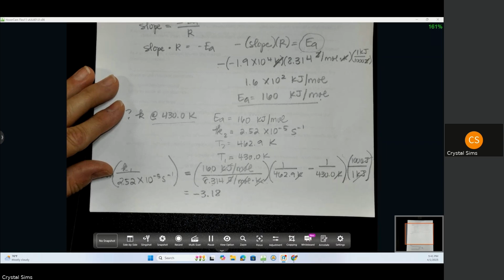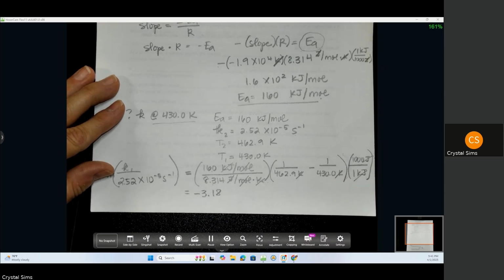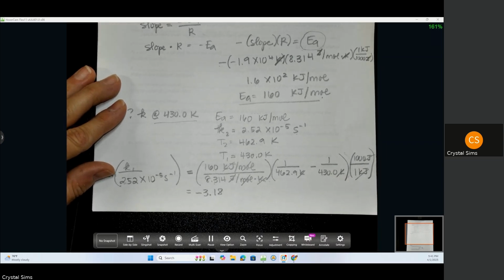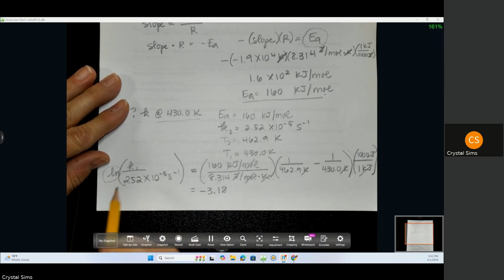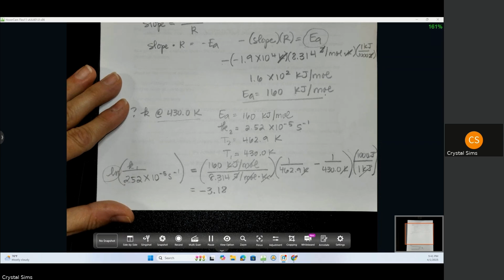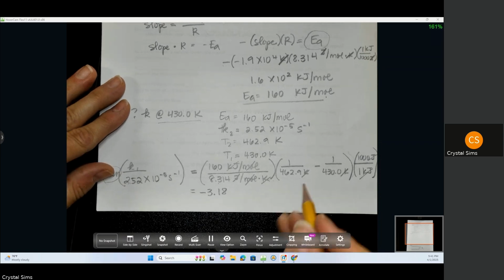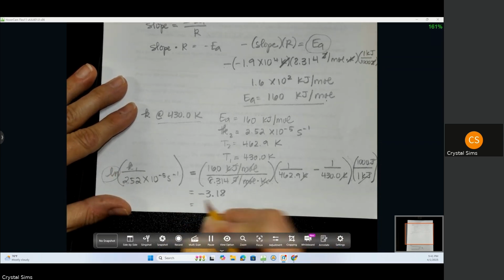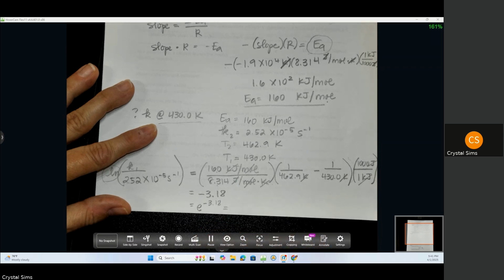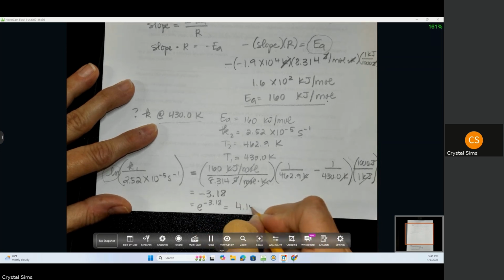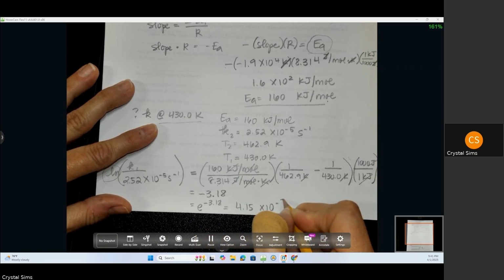So now we have to get rid of that natural log, right? And remember, to get rid of that natural log, we use the inverse log. So this is going to equal e to the negative 3.18 power, which equals 4.15 times 10 to the negative 2.